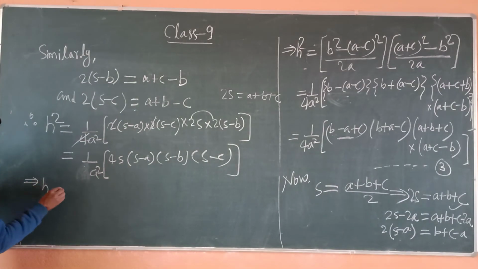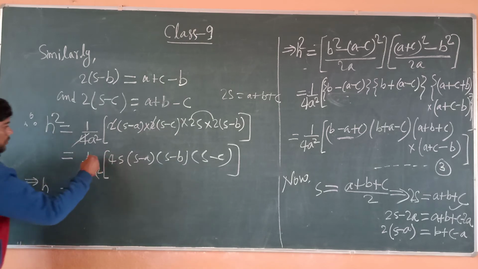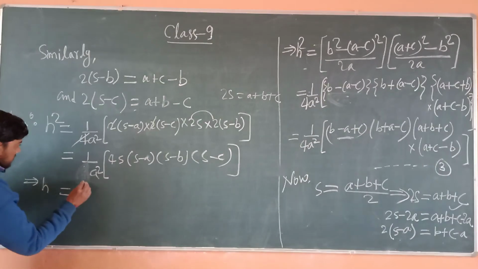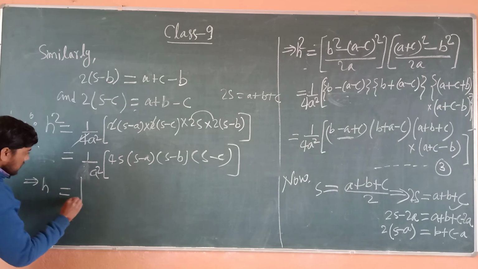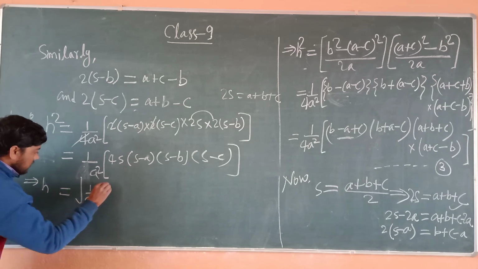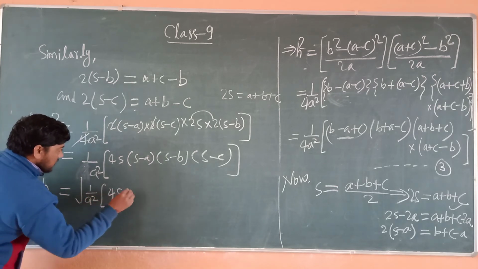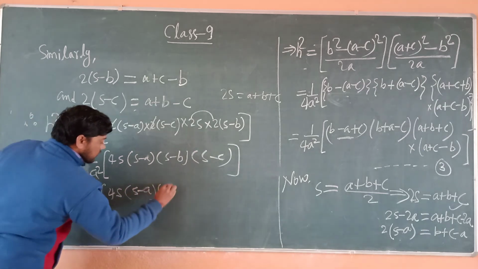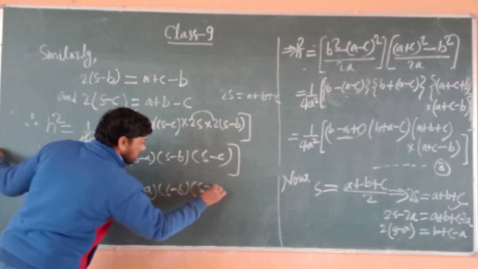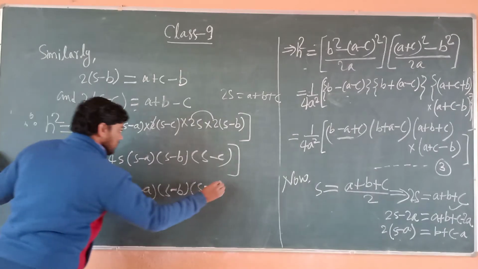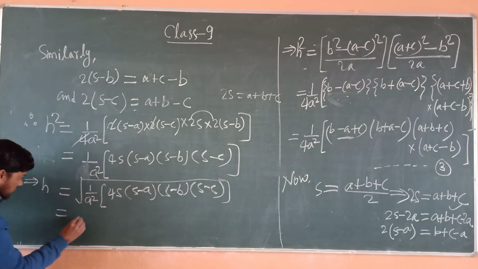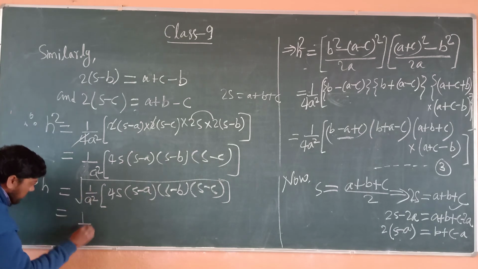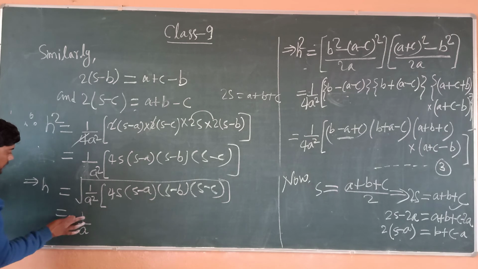So h is equal to, under root, 1 upon a square, 4s into s minus a into s minus b into s minus c. 1 by a square, so a will be outside, and for 4, 2 will be outside.